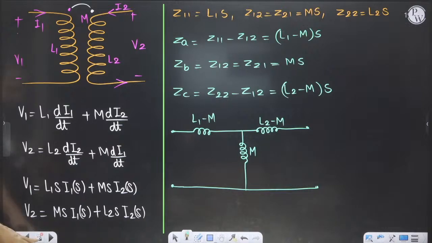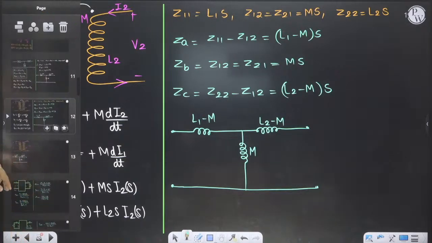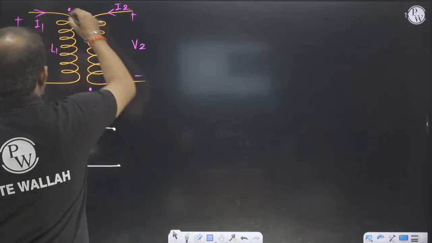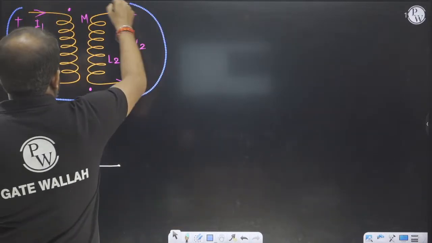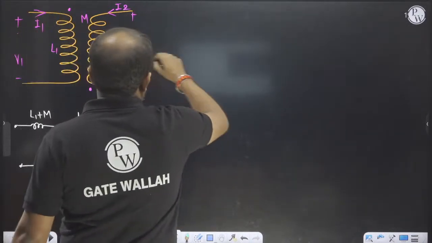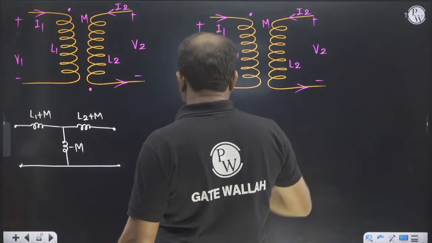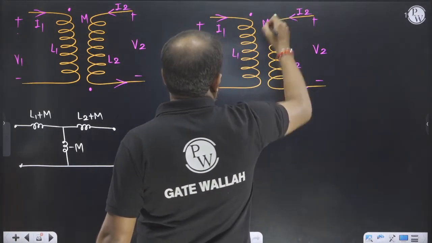So we have derived this one also. The two-port network for a same side transformer is plus M. For plus M it will be plus, for minus M it will be minus.